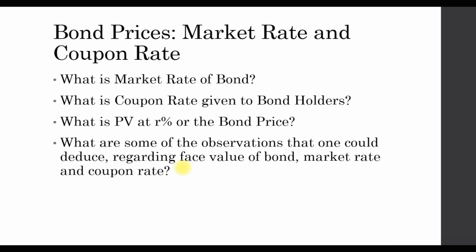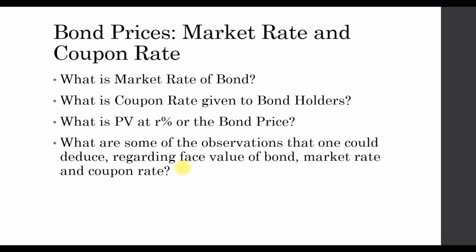Now let us consider the case where the market rate has become 10%, where the coupon rate is 6%. Remember, the market rate is used for present value calculations, that is to calculate at what price a bond sells or at what price an investor gets to buy the bond. And the coupon rate decides how much the investor gets in the form of interest during the duration of the bond, which I have already explained.